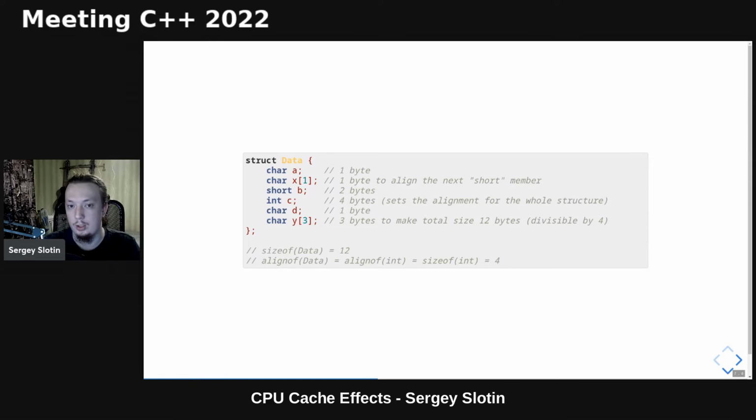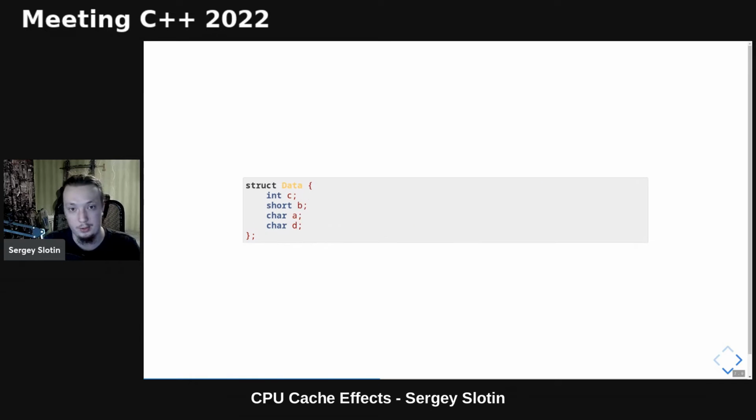Padding is only inserted before a not yet aligned member, or at the end of the structure to align the structure itself. By changing the order of members in a structure, it is possible to reduce the required number of padding bytes and the total size of the structure.